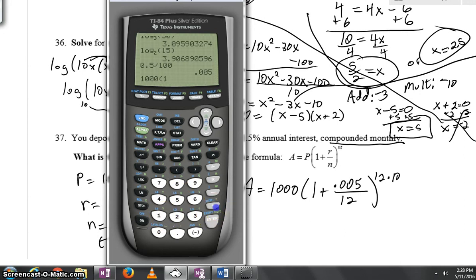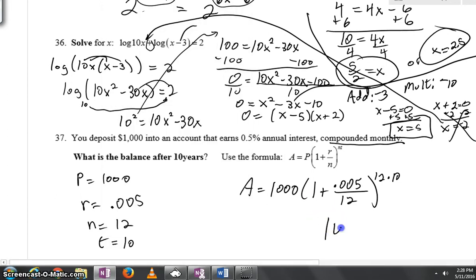Say 1 plus, we'll go alpha y equals, and we'll type in 0.005. Bring that down here. We'll type in a 12. And hit that caret button, raise it up. It's 12 times 10. And when you hit enter, going to the nearest penny, you'd see $1,051.26. And that is it for page 7.